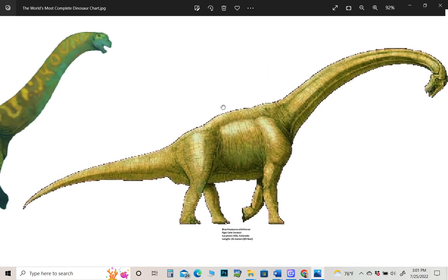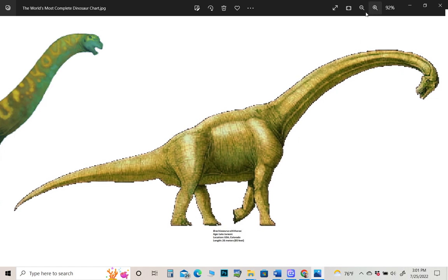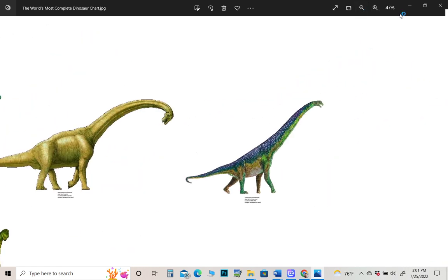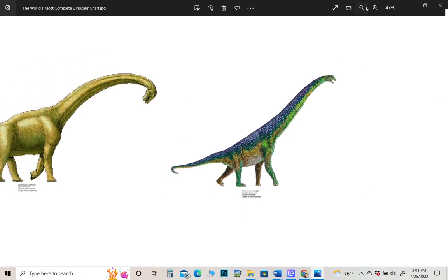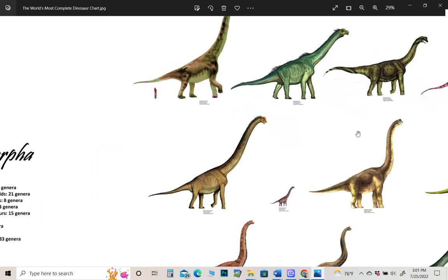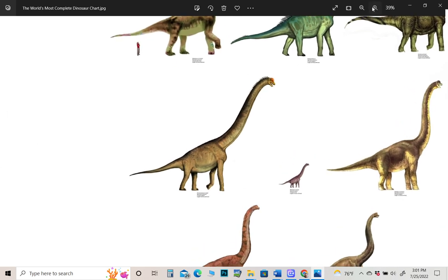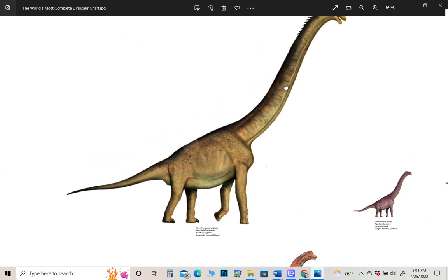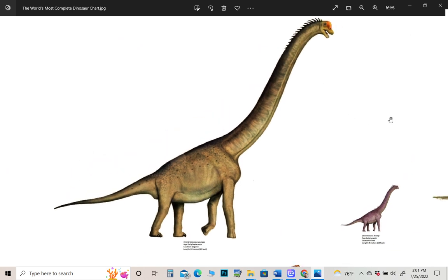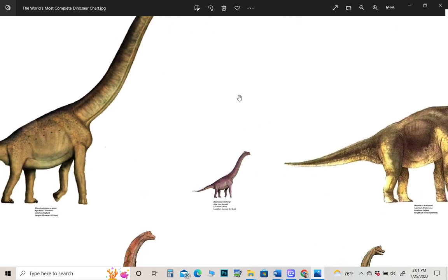Bothriospondylus and the famous Brachiosaurus. We have Cedarosaurus, row 2. Oopsie. Chondrosteosaurus.